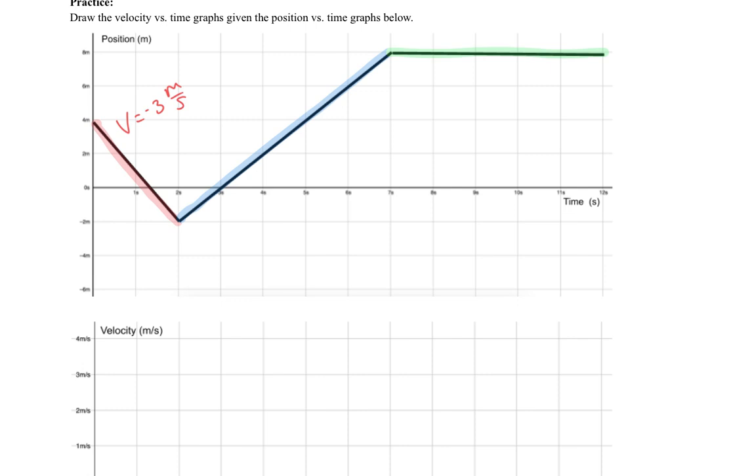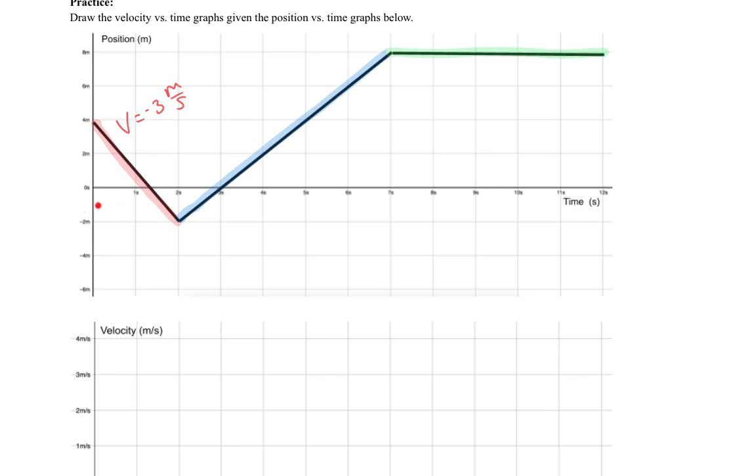So if you counted boxes, let's go back to this red one. You'd say, oh, I want 1, 2, 3 boxes down, 1, 2 boxes over, so the velocity must be 3 divided by 2, or 1.5. But that would be wrong, because this goes from 0 to 2 to 4 to 6 to 8. So do not just count boxes, okay?